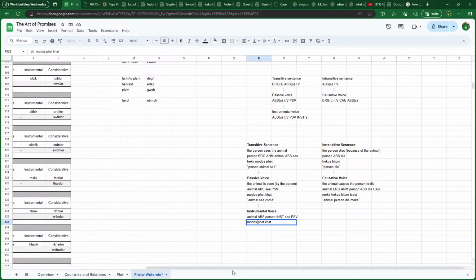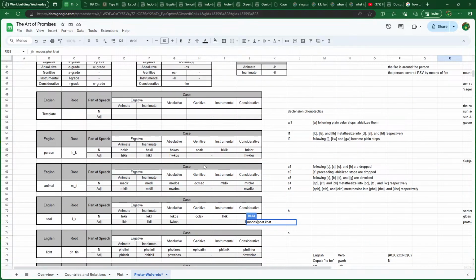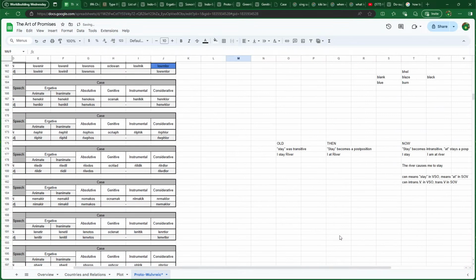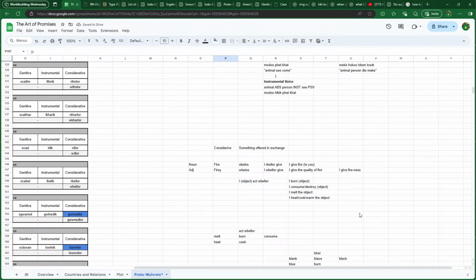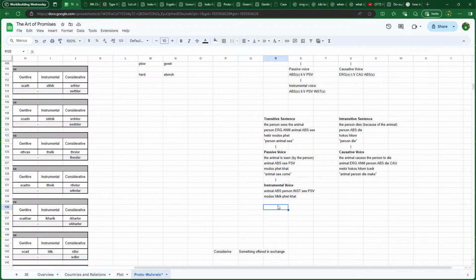So this is, what is the hlukik? So modus hlukik pet cat. Or literally animal by means of person, see, come.